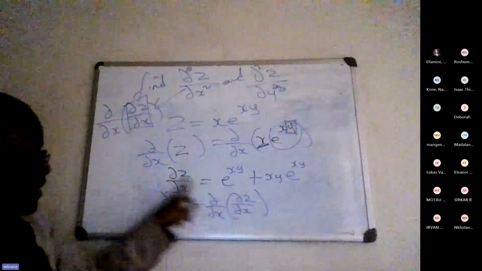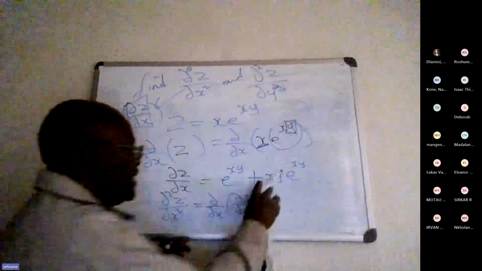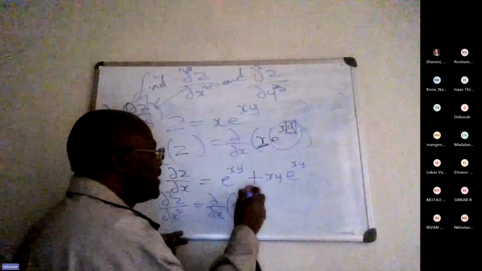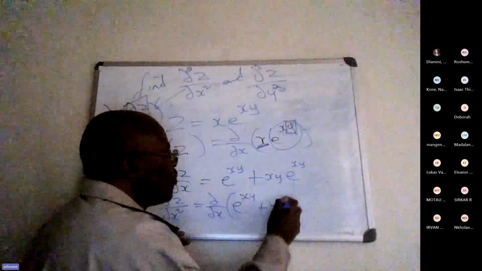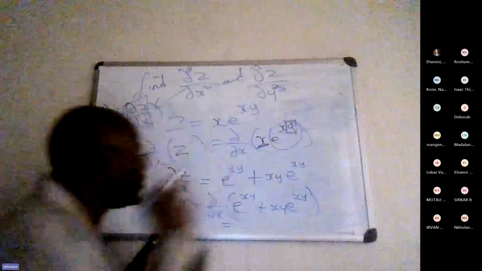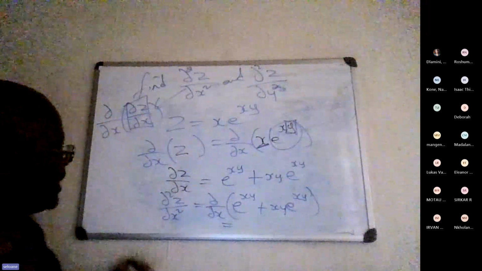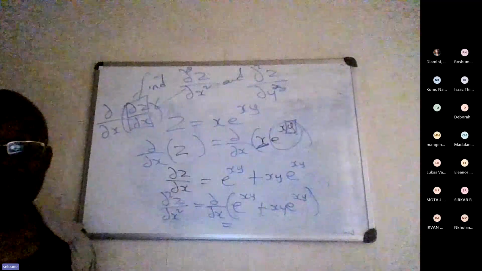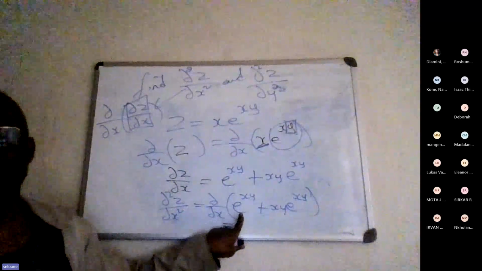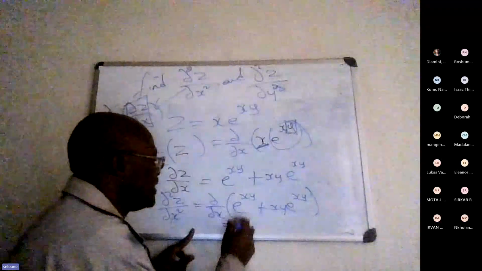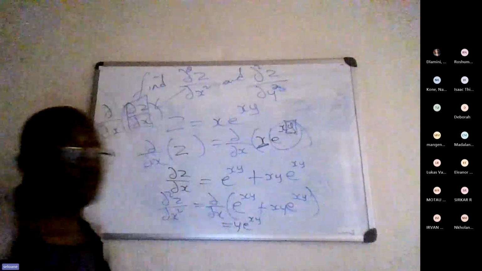Then it becomes e exponent xy plus xy e exponent xy. Then you differentiate it. But don't forget, it is only z and x which are variables. Then what will be the answer? y e exponent xy.